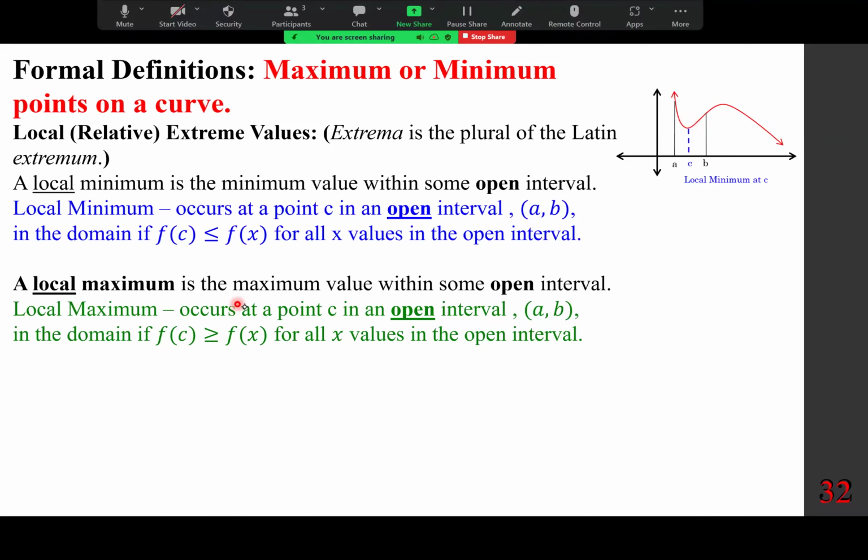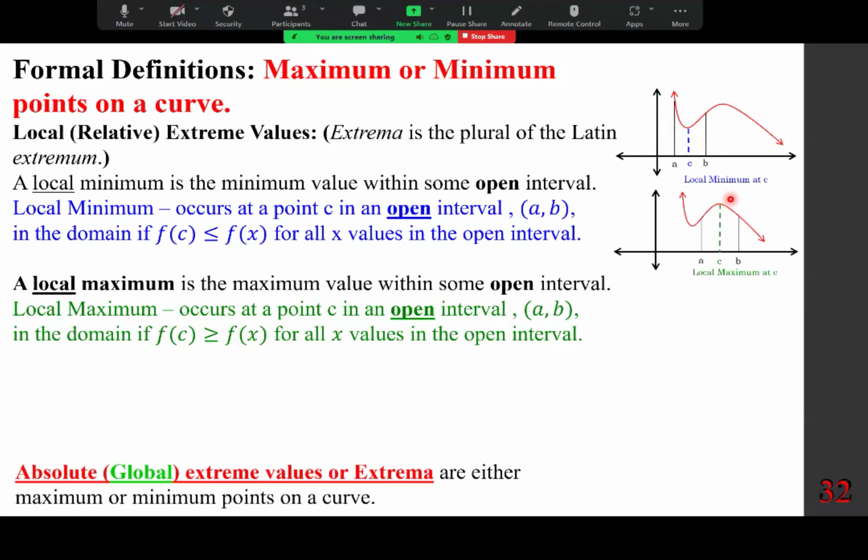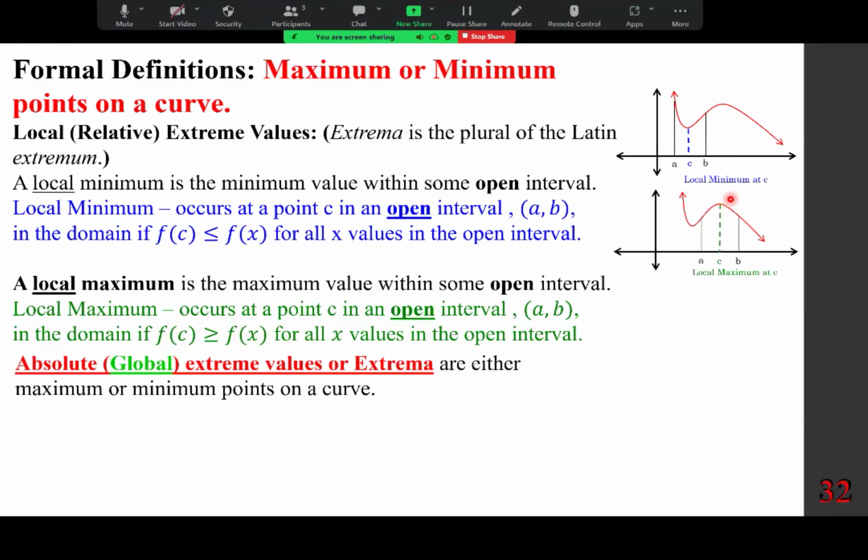A local maximum is the maximum value within some open interval. A local maximum occurs at the point c in an open interval a to b in the domain if f of c is larger than or equal to f of x for all x values in the open interval. So that would be a local max. Absolute, also known as global, extreme values or extrema are either maximum or minimum points on a curve, meaning in the entire domain.